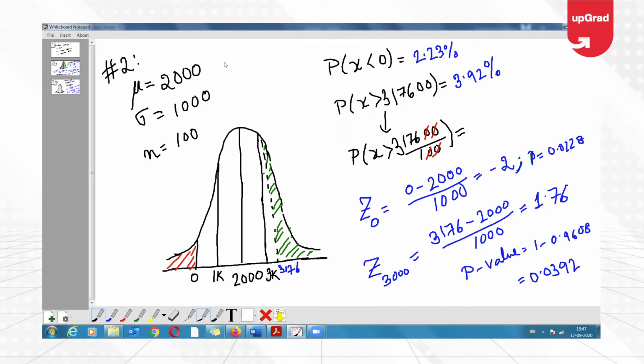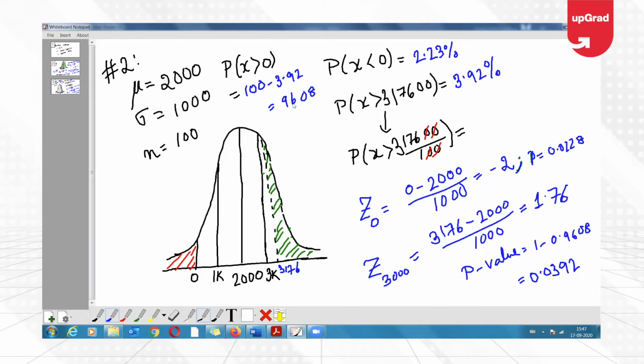Now from this, if I ask you what are the chances that the shop will make profit, which means I am looking at this, and from here this should be 100 minus, let me use the same ink for calculation. So it's 100 minus 3.92%, which is 0.896.